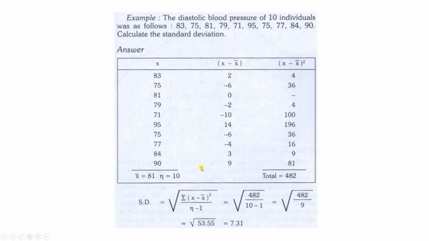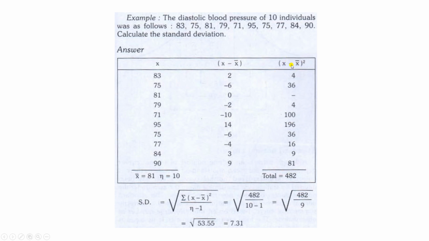In mean deviation, we were adding this up, ignoring the plus or minus sign, but while measuring the standard deviation, we shall rather square these values. So x minus x bar is this, x minus x bar whole square. So 2 square is 4, 6 square is 36, 0 square is 0, minus 2 square is 4. So even if there are negative signs, when you square it, they get cancelled.